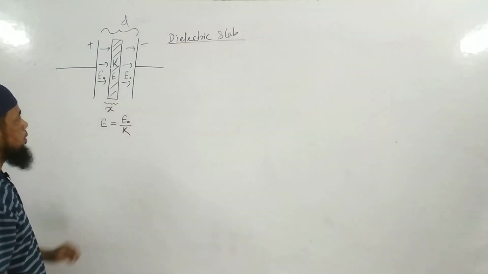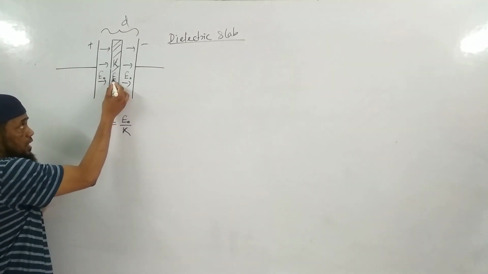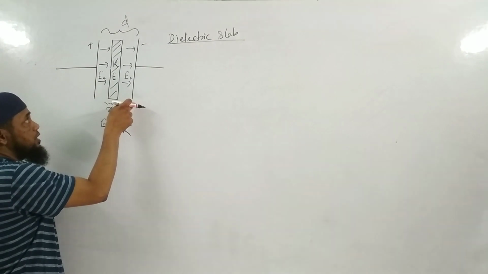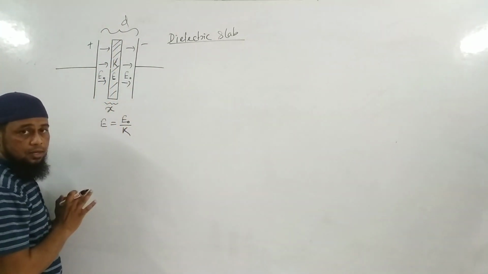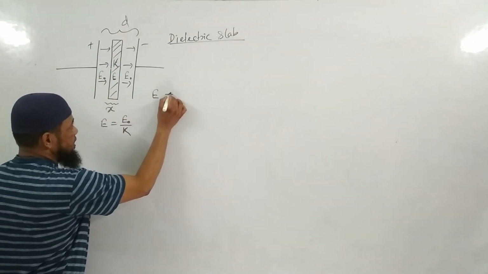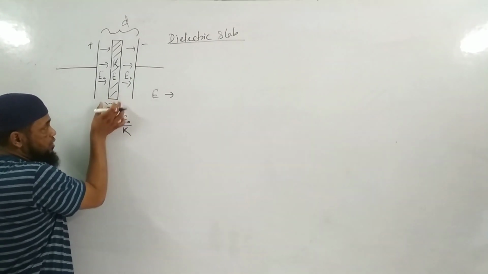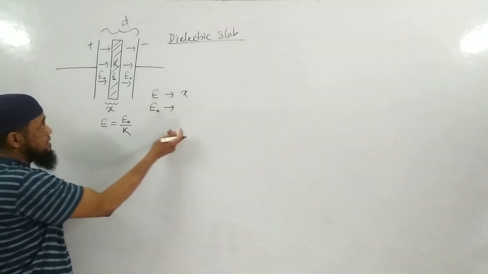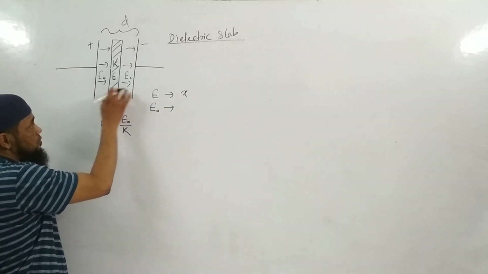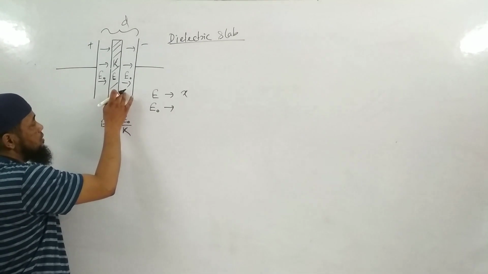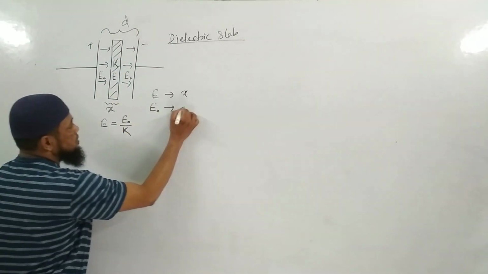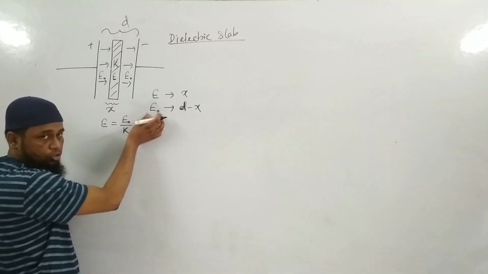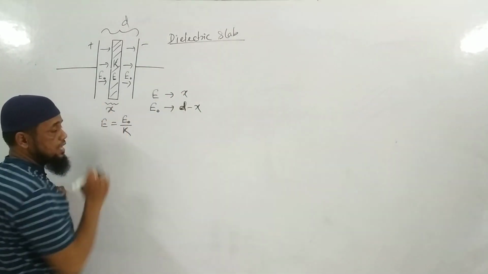An electric field of E exists over a distance of X. But from here to here, the total distance is D. The electric field E naught exists over the remaining region. What is the thickness of the remaining region? From total D, you remove X, D minus X. Over this length, E naught is there, and over this length X, E is there.